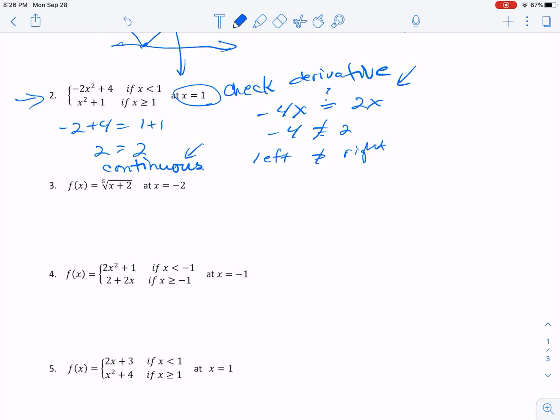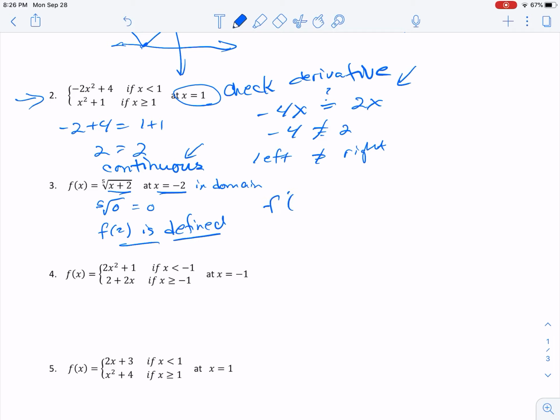This one wants to know if it's differentiable at negative 2. Well, if you plug negative 2 into the function, you get the 5th root of 0, and that's 0, and that's okay. Negative 2 is in the domain, and it's defined. Now, so we know it's continuous. Now, take the derivative.